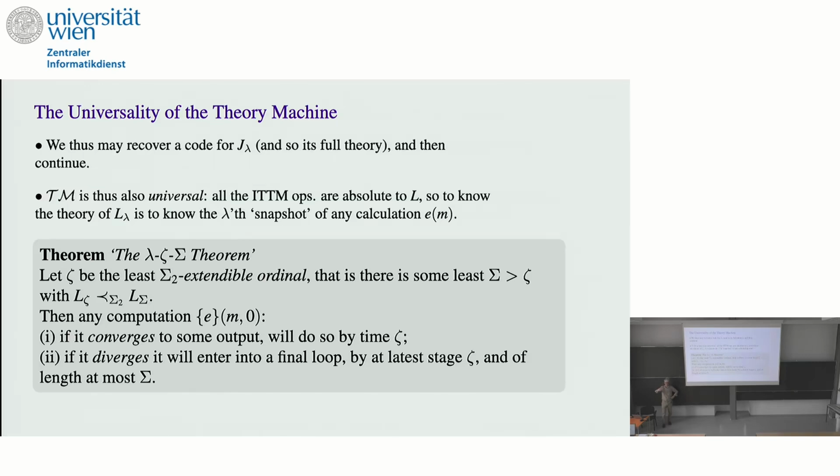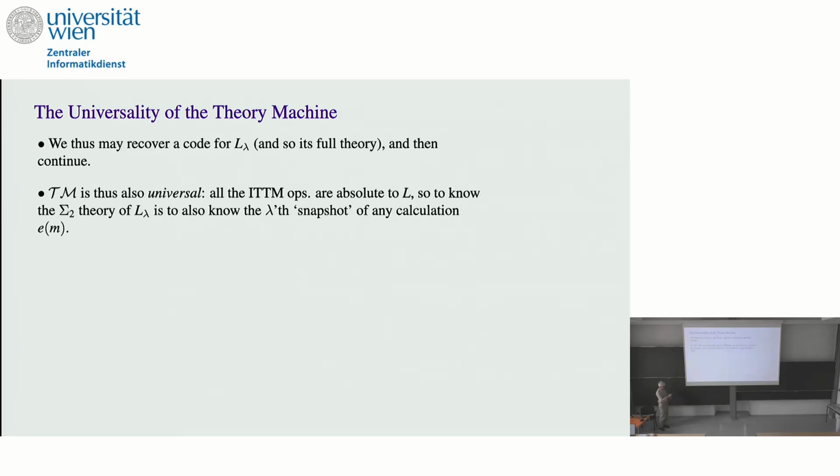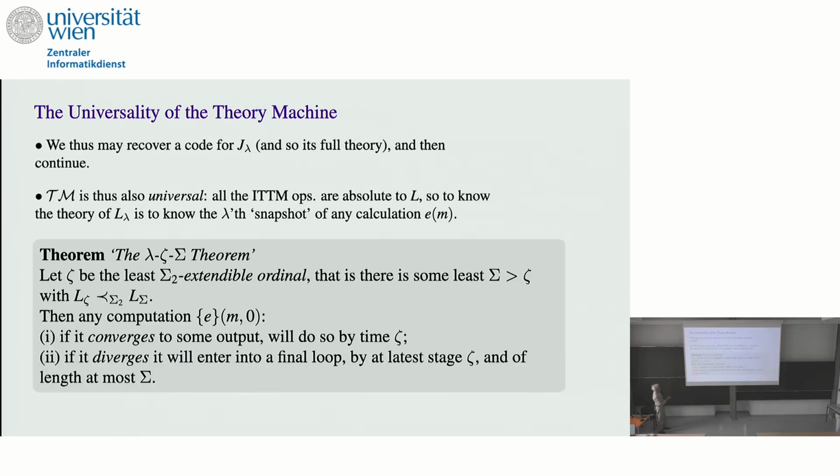The snapshots of the machine, the whole picture of the cells and programs and so on, that's all sigma 2 describable. So that is going to be the same picture of the machine at L zeta as at L sigma. So if it's reached this far, it's now condemned just to keep looping with periodicity big sigma forever.